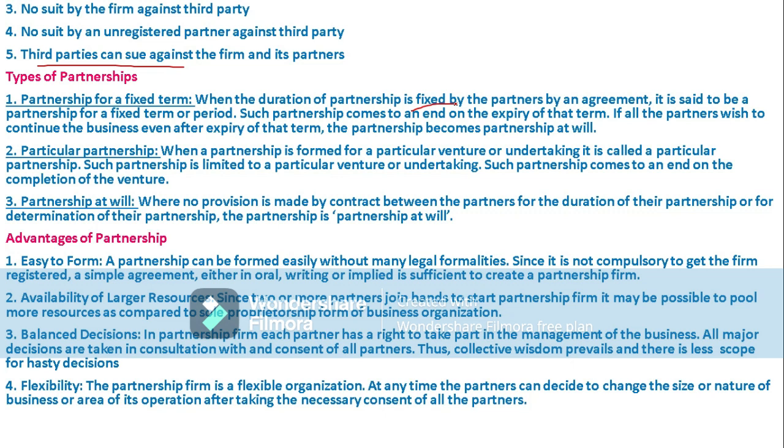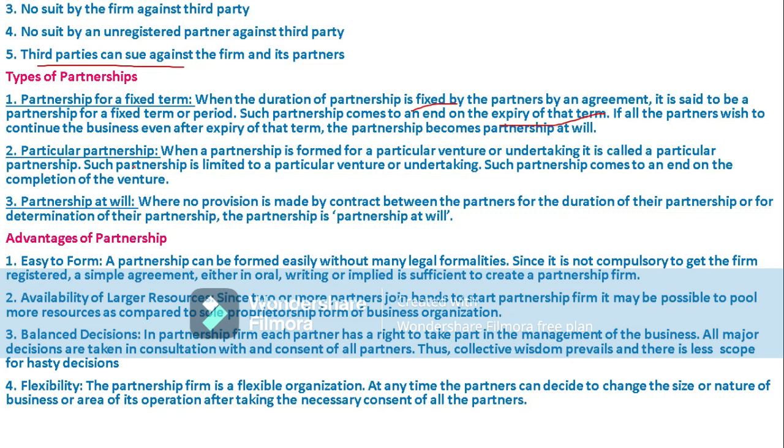Such a partnership comes to an end with the expiry of that term. If the term is 5 years or 10 years, after completion of 5 or 10 years, the partnership deed will end there, okay. If all partners wish to continue the business even after the expiry time, they can continue, or else they can end the partnership firm there itself, okay.